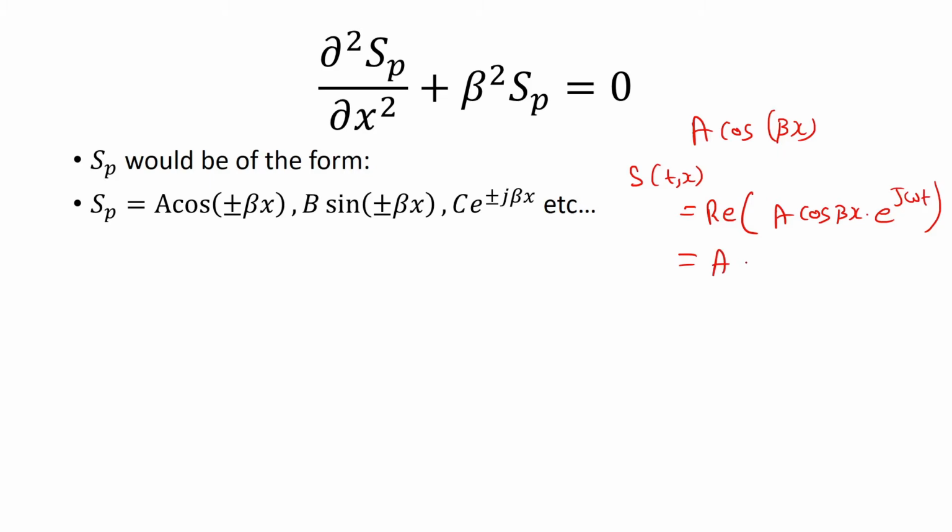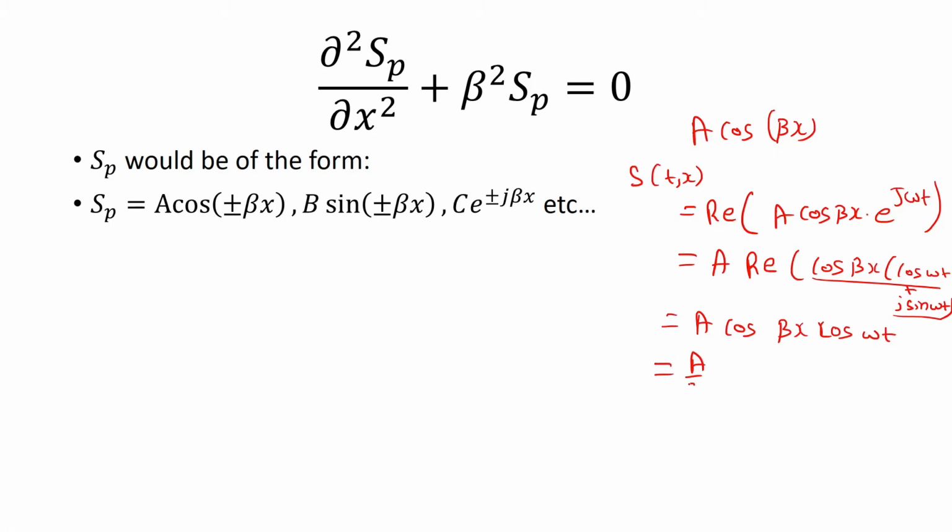So it is a times real part of cos beta x times cos omega t plus j sin omega t. When I multiply this, this is the complex part and this is the real part. So I would be getting a times cos beta x cos omega t. This can be rewritten as a by 2 cos omega t plus beta x plus a by 2 times cos omega t minus beta x.